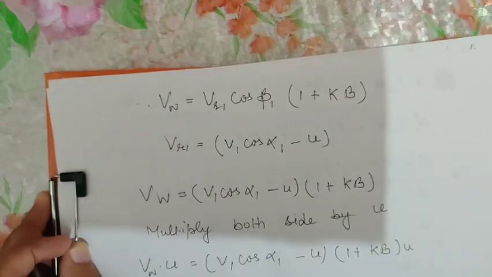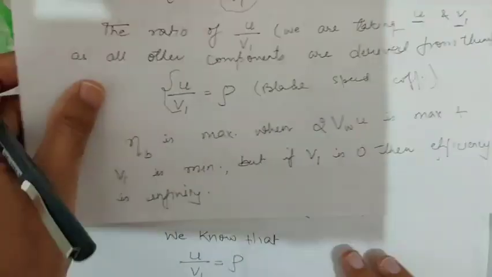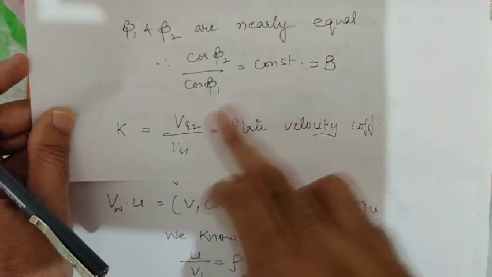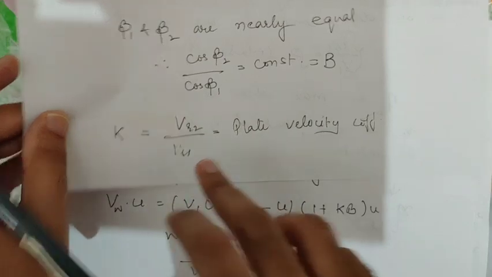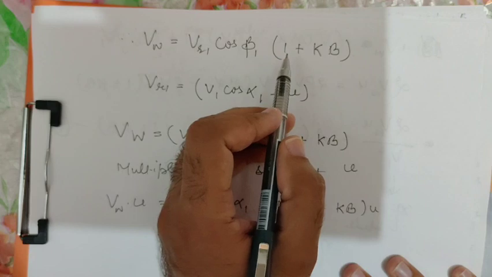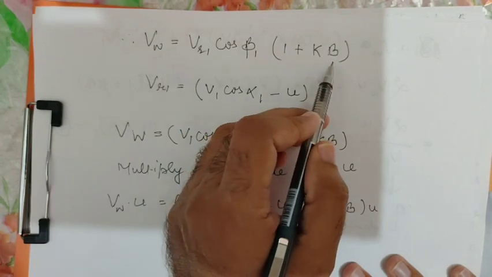Now putting the value of cos beta 2 by cos beta 1 equals b, and k equals vr2 by vr1, we can write vw equals vr1 cos beta 1 in bracket 1 plus kb.